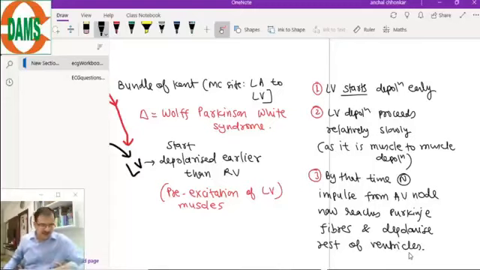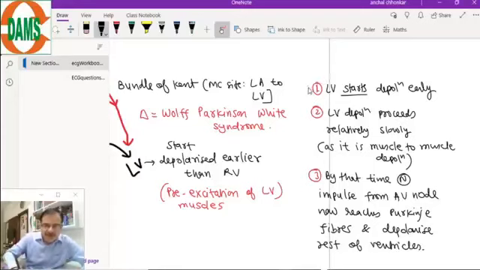So these are the steps. See the sequence of the steps. The left ventricle will start depolarization early, but that is a muscle to muscle depolarization. It will progress slowly. By that time, normal impulse via AV node reaches the Purkinje fibers and depolarizes the rest of the ventricles.